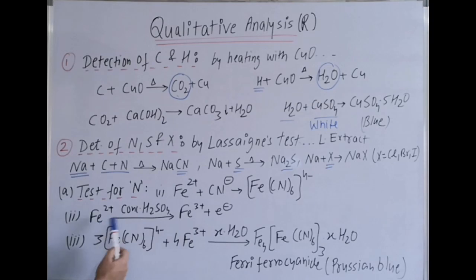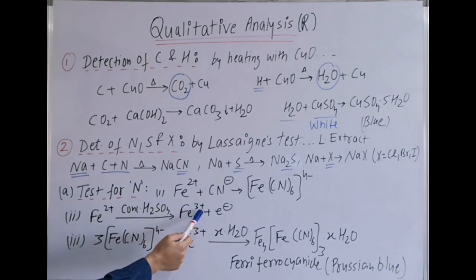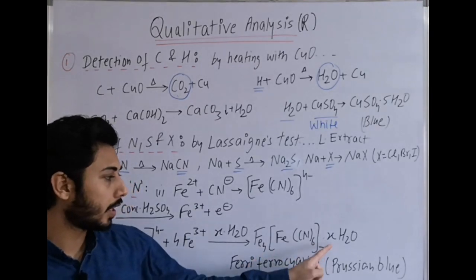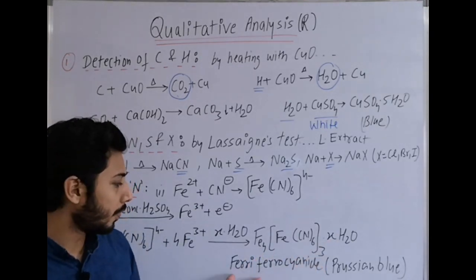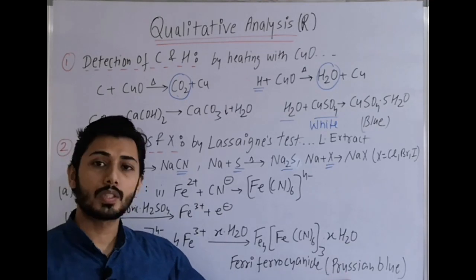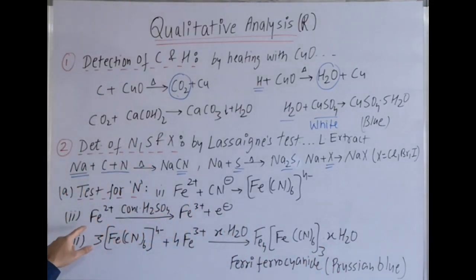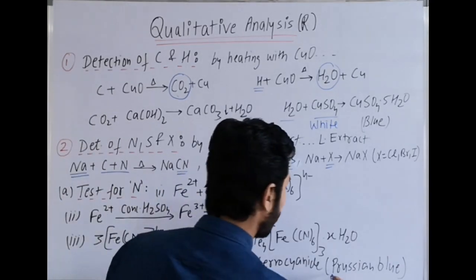Now by addition of H2SO4, some of the Fe2+ ions oxidize to Fe3+, and these Fe3+ ions combine with the hexacyanoferrate and finally give Fe4[Fe(CN)6]3·xH2O, ferric ferrocyanide. The important part in this reaction, after treating with ferrous sulfate, is that it finally gives a Prussian blue colored compound.